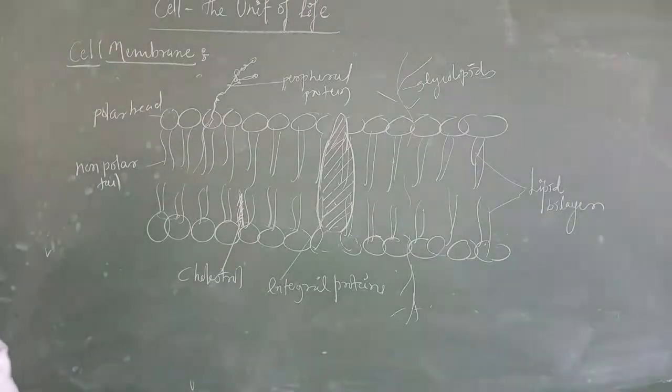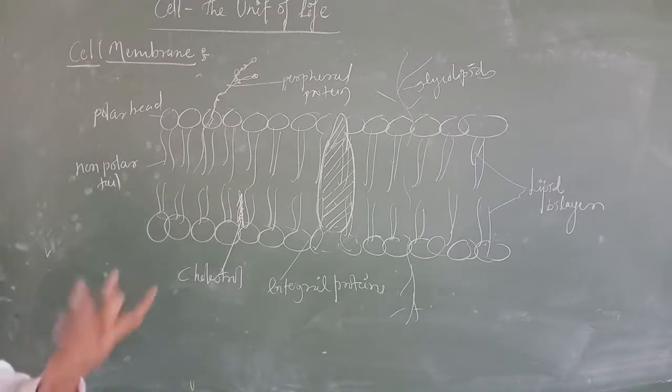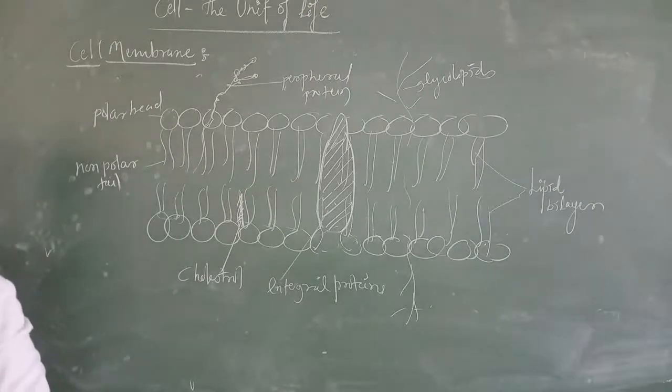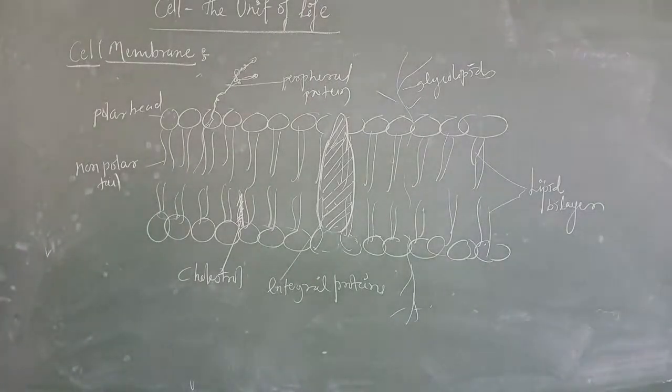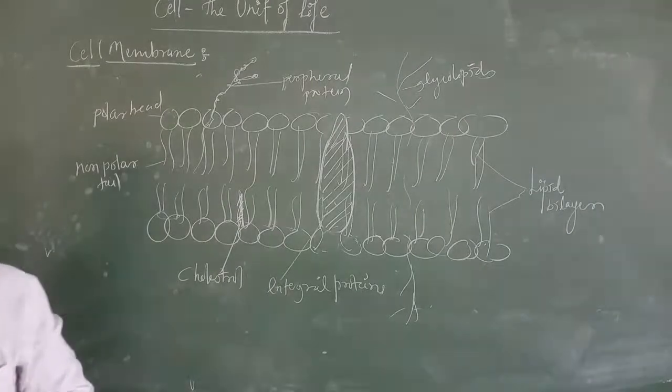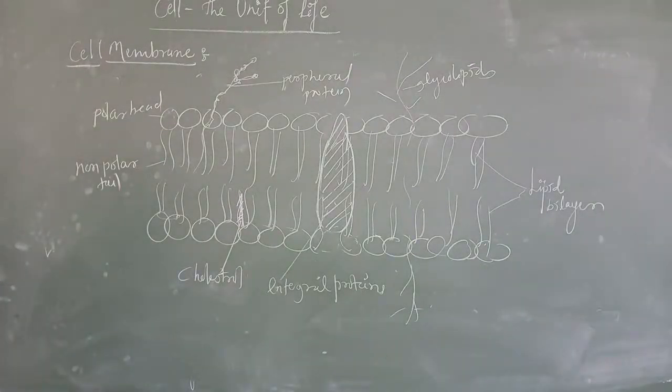Then I told you about the improved model of this cell membrane that was discovered by Singer and Nicholson in 1972, and that improved model that is widely accepted is called the fluid mosaic model.